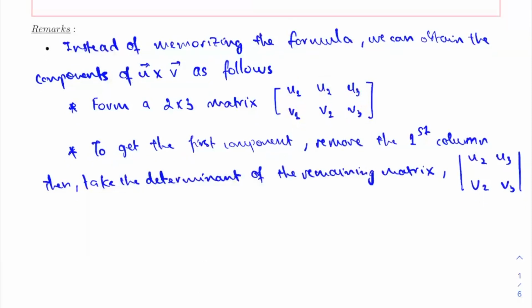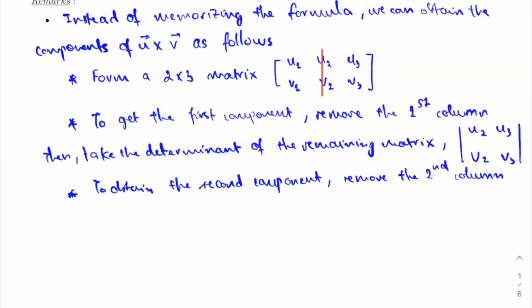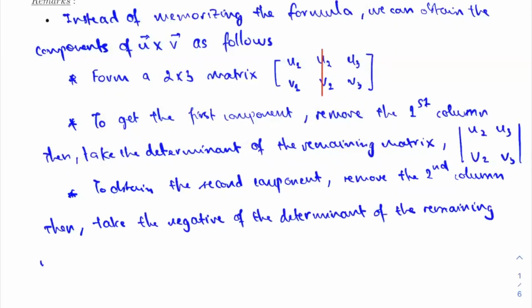So for the second component, I remove the second column, the remaining matrix is u1, u3, v1, v3, and you take the negative of the determinant of that.